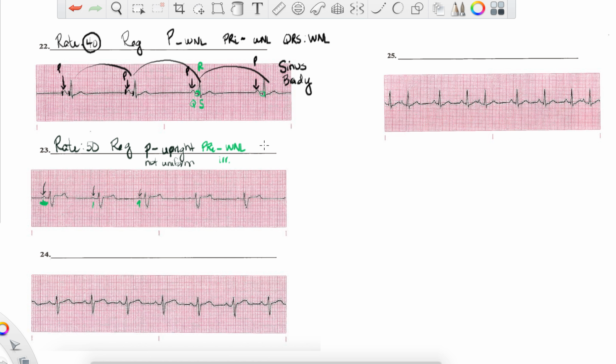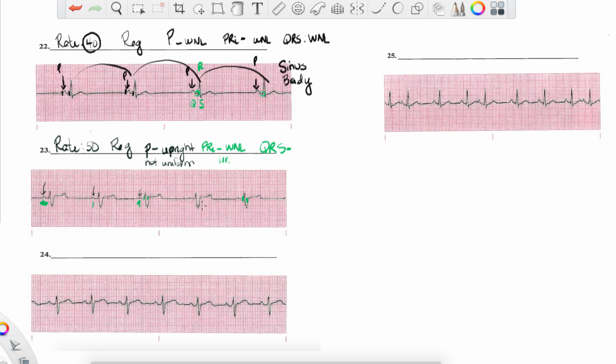Now your QRS is a little bit tricky here because it begins right here, and then you can kind of see that it starts to end in there. Now that looks really like it might be too wide, but if you count it, it's really right at the 3 boxes.